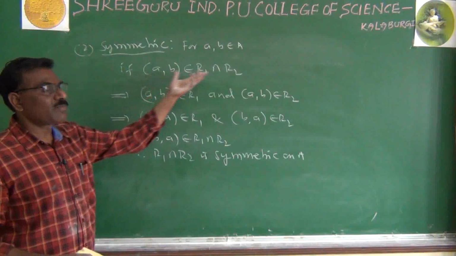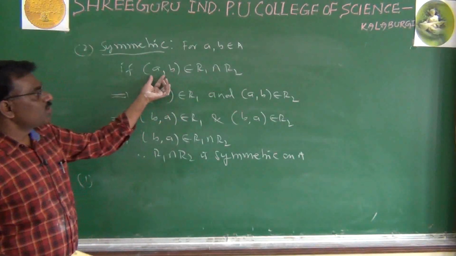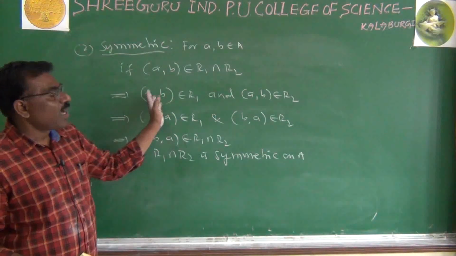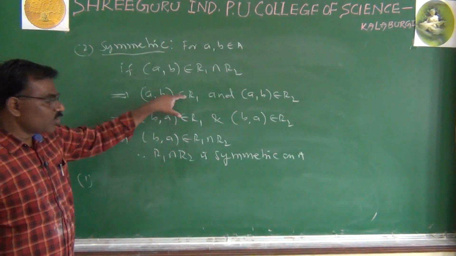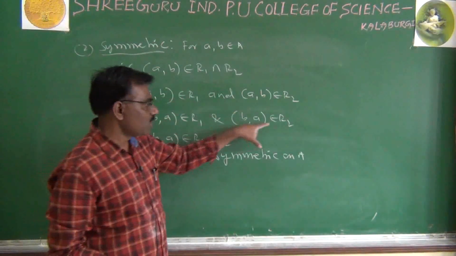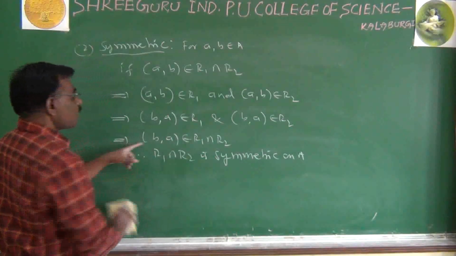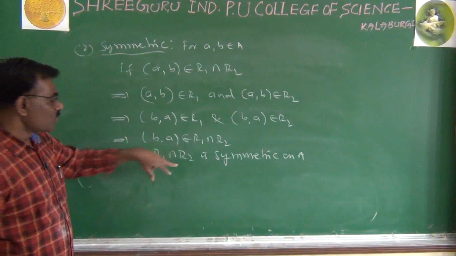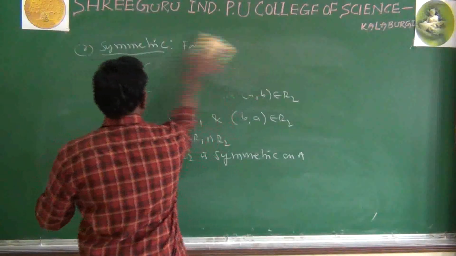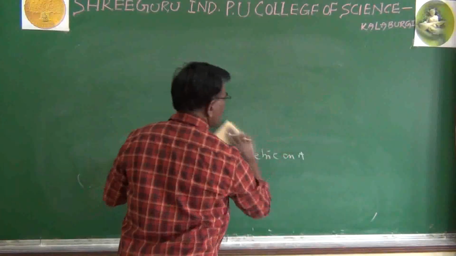So this ordered pair belongs to the intersection, that is, it belongs to R1 and R2. So if a, b is in the intersection, then b, a is also there. So the intersection is always a symmetric relation.